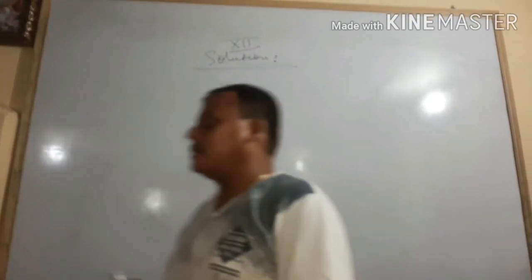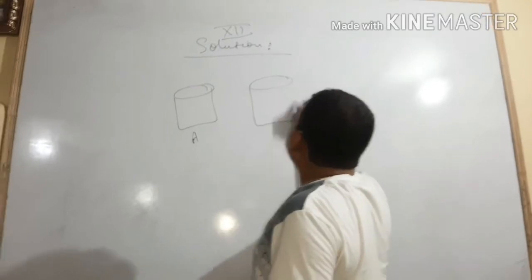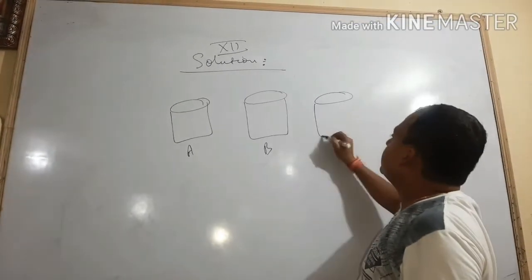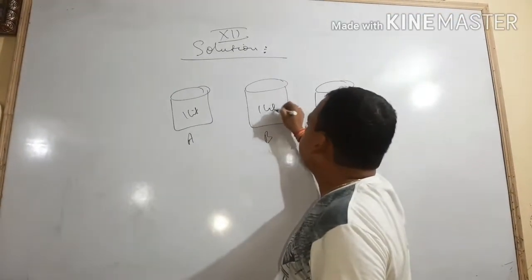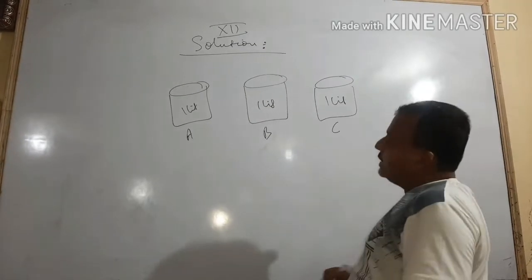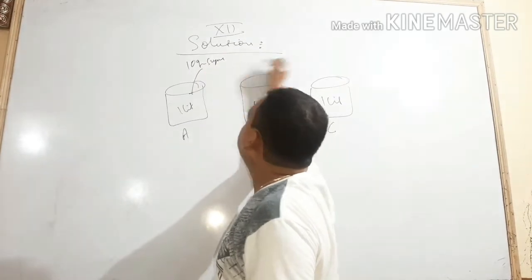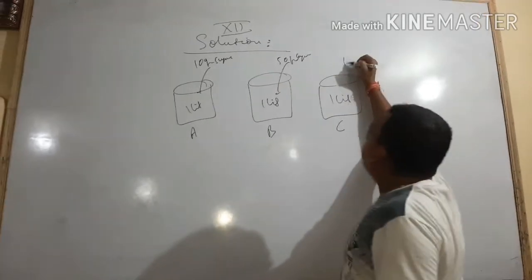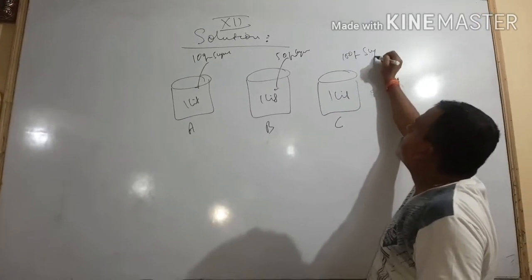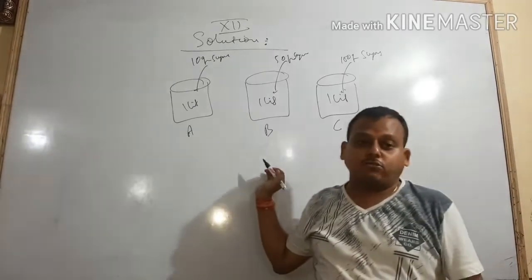For example, if we take three beakers of equal volume, beaker A, beaker B and beaker C, containing 1 liter of water in each beaker, and we add 10 grams of sugar in beaker A, 50 grams of sugar in beaker B and 100 grams of sugar in beaker C. Then we observe and taste the solution.